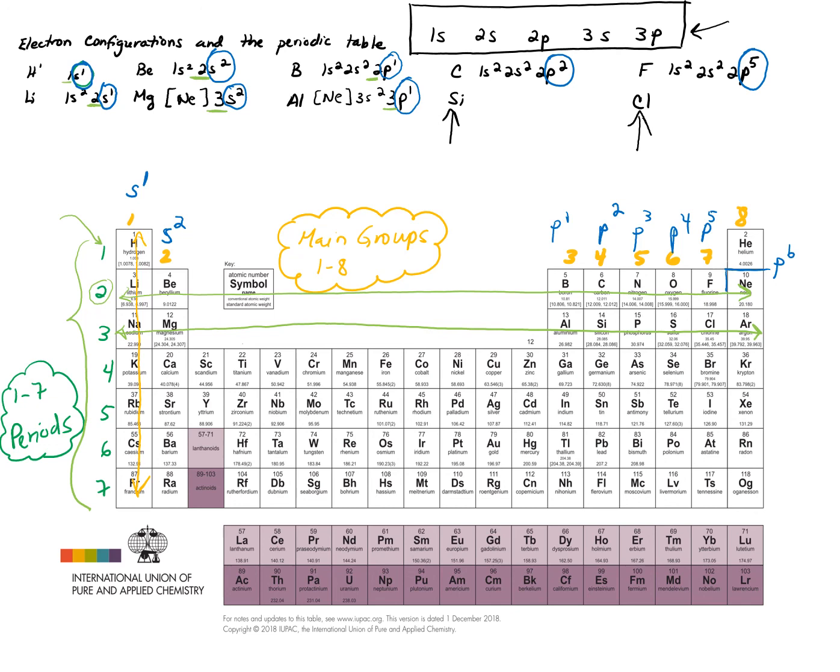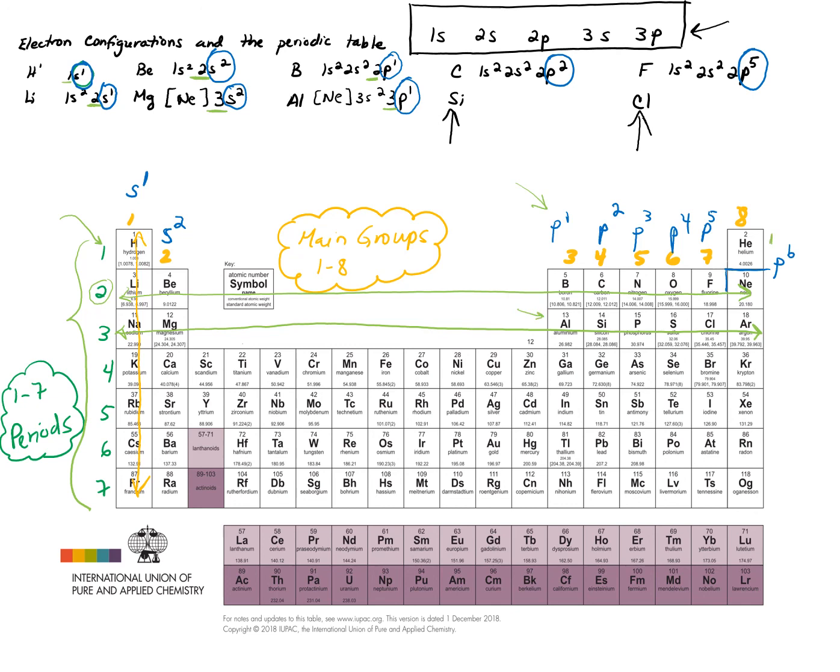Beryllium 2s2 because beryllium is on the second period. Aluminum, the last thing that you're writing for aluminum is p1, but it's 3p1, because aluminum is on the third period on the periodic table.